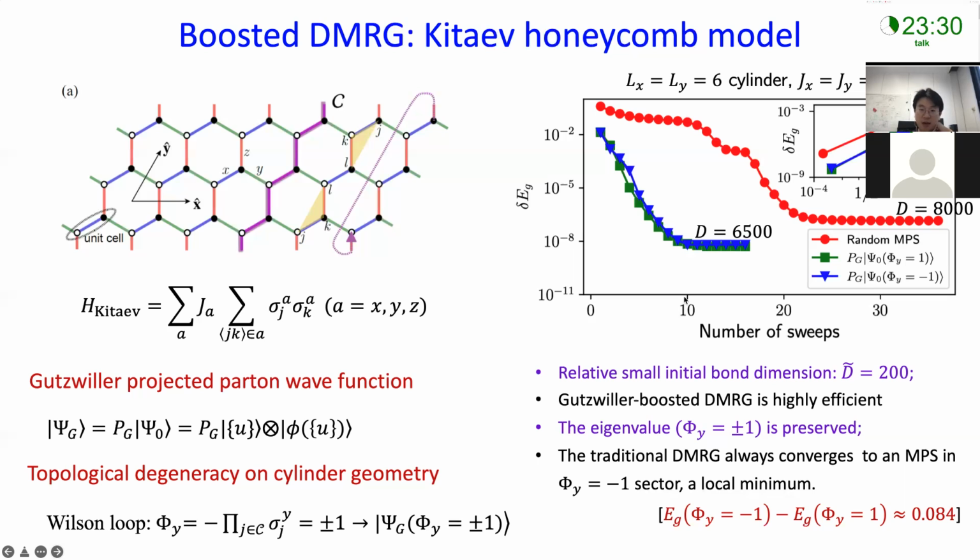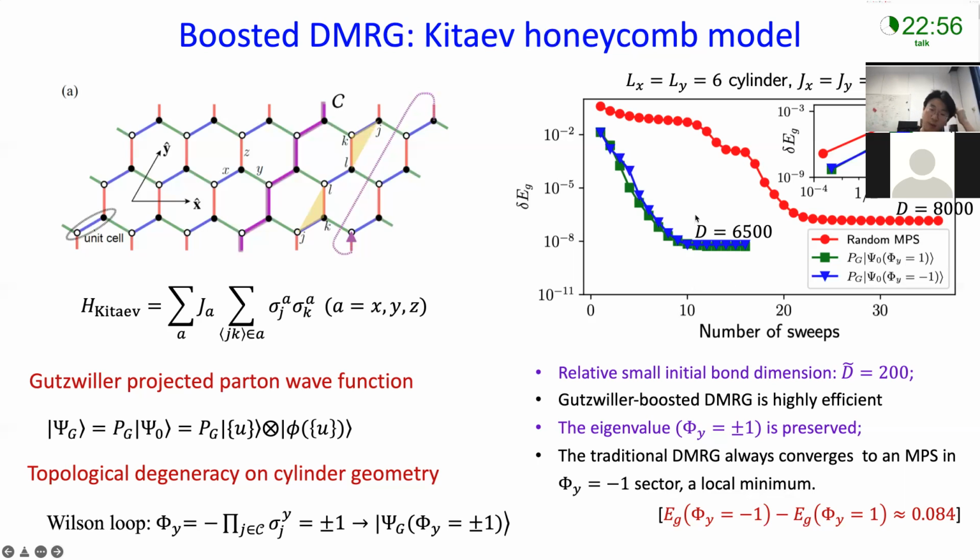And for the green and blue lines, we prepare the Gutzwiller projected BCS wave function to initialize the DMRG. The bond dimension of the Gutzwiller wave function is very small, about 200. So the initial error is quite large. While the Gutzwiller boosted DMRG can still converge more quickly and can reach a lower energy with a smaller bond dimension. So Gutzwiller DMRG is highly efficient if the right ansatz has been chosen.